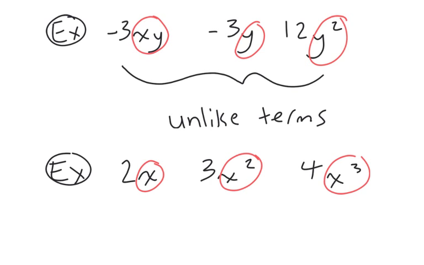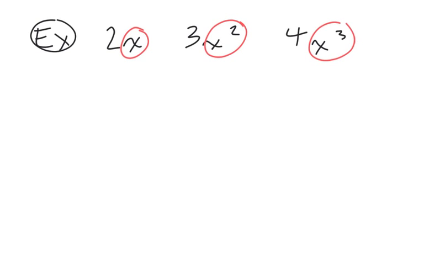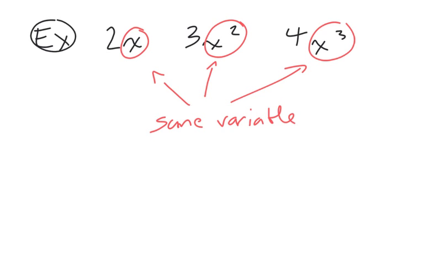Let's move this up so we have a little bit more space to work with. These 3 terms have the same variable, so I'm going to write down same variable, and that variable happens to be x.